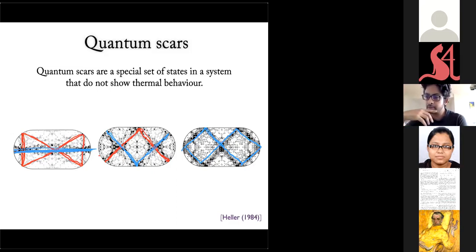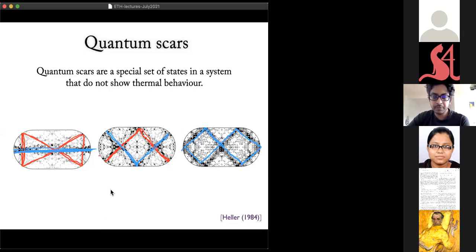Along the line of the previous question, are these quantum scars basically close to the ground state following area laws or something? Yeah, it's somewhere in between. It's hard to pinpoint.